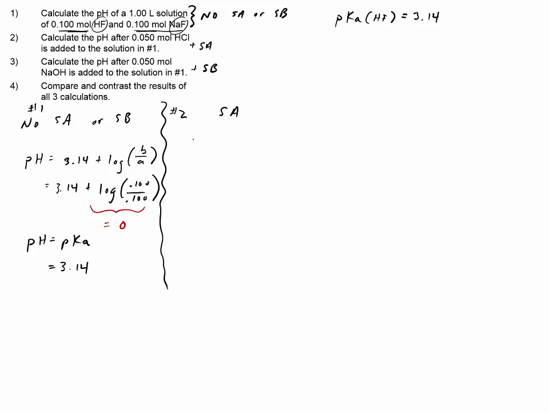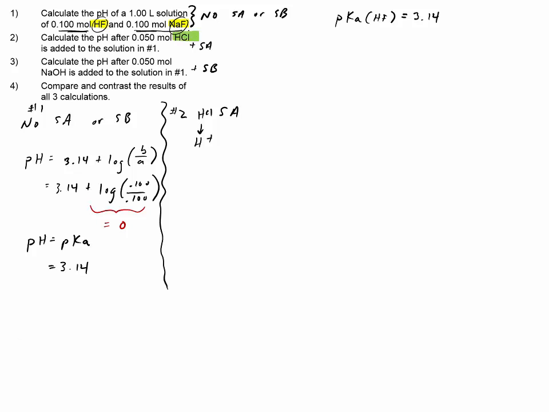So here's our reaction. We're going to have the H plus from the HCl, plus, so we have to choose what it can react with. Here's our mixture, and this is our strong acid.